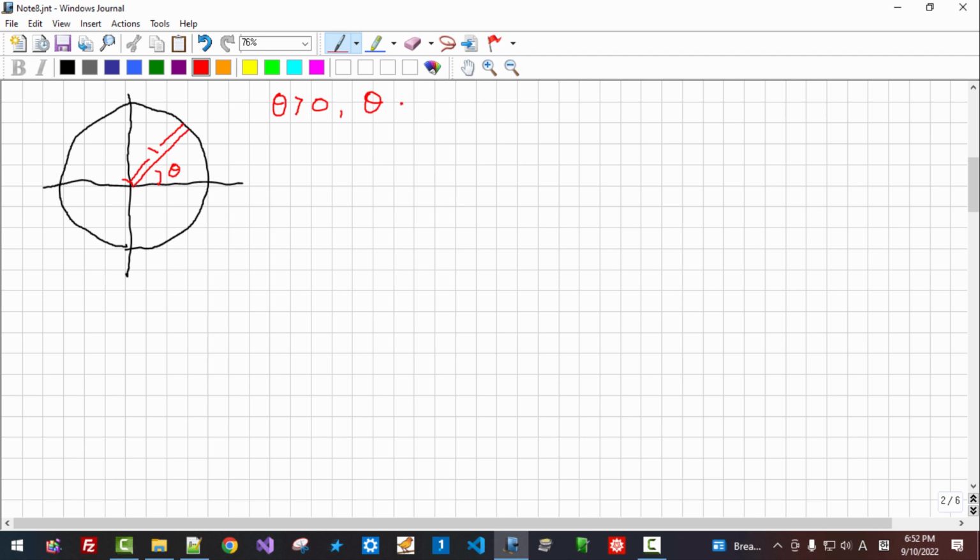Theta is a positive angle. Cosine theta equals x. Sine theta equals y. Why? Because we use a unit circle.